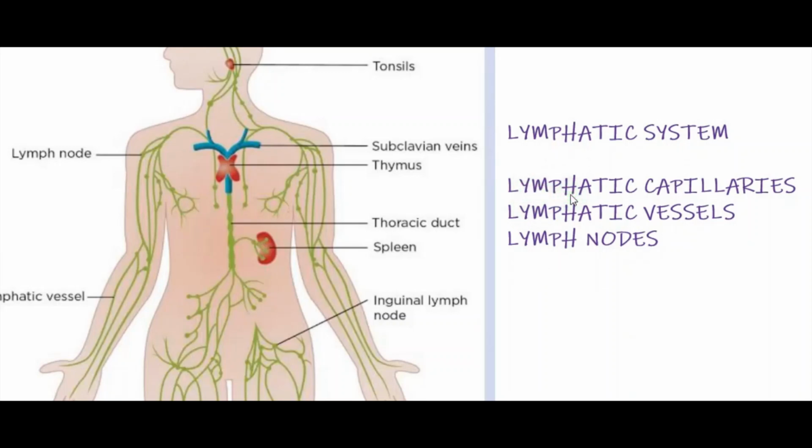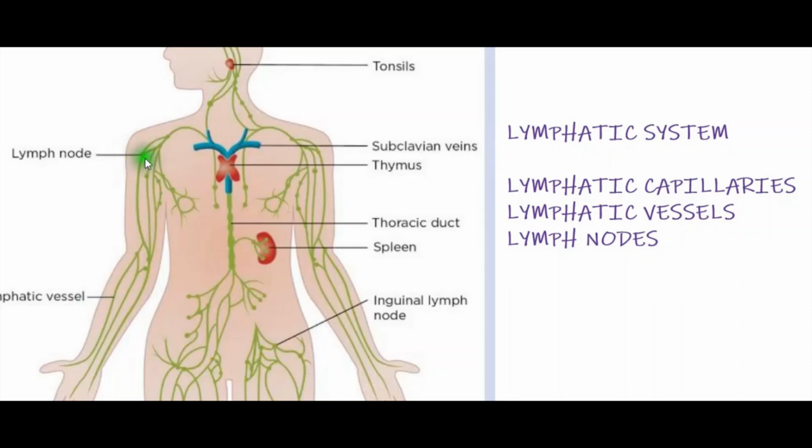These are the lymphatic capillaries, and this is the lymphatic vessel. Lymphatic capillaries, the smallest ones, unite to form larger lymphatic vessels. Now the lymph node: this small dot or oval shaped structure is a lymph node.